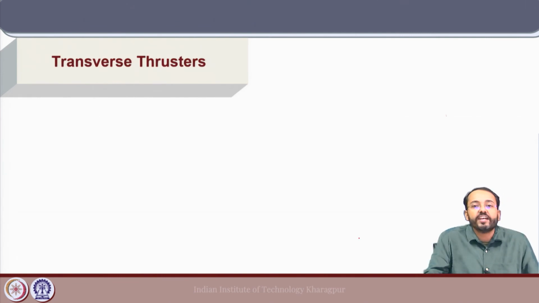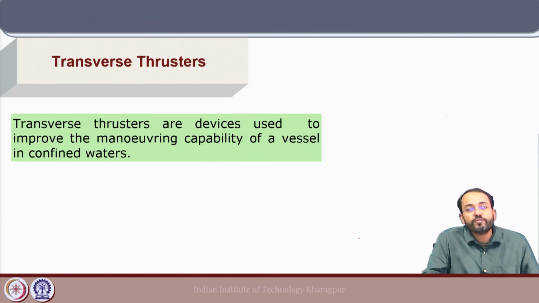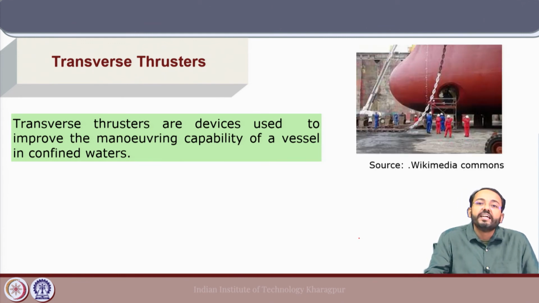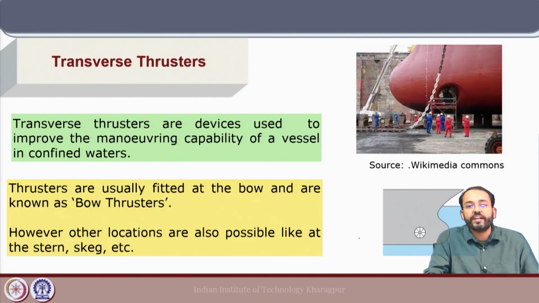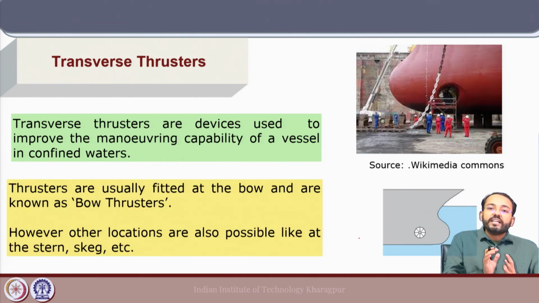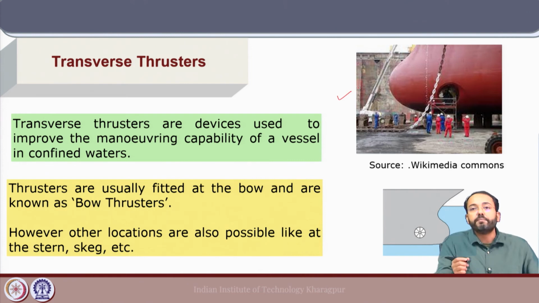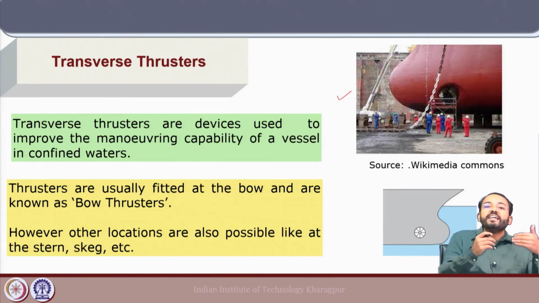Next, we will discuss transverse thrusters, which are used to provide transverse thrust, and this is important for maneuvering of the vessel in confined waters. These transverse thrusters are typically fitted at the bow of the ship as shown in this picture.